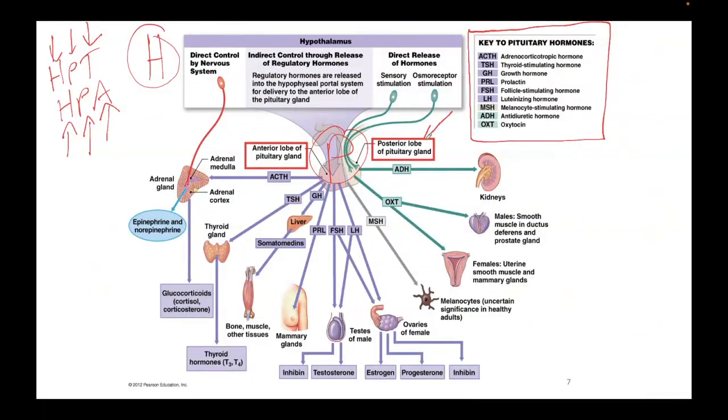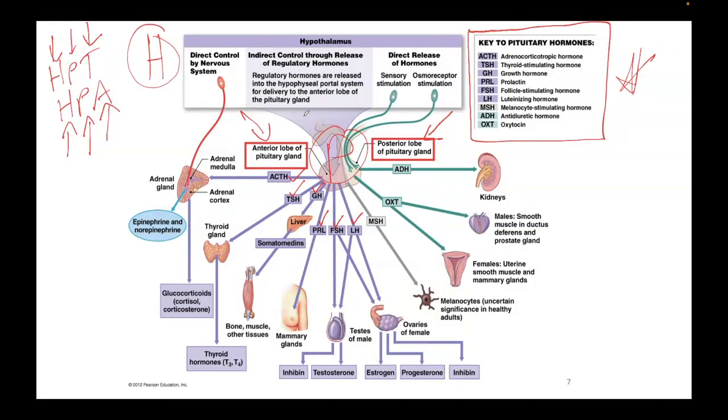And the pituitary has two lobes, right? It's got the posterior lobe and it's got the anterior lobe. So in this case, we could see the anterior lobe has adrenocorticotropic hormone, thyroid stimulating hormone, growth hormone. We have prolactin, follicular stimulating hormone, and luteinizing hormone. So those are the ones that we see up here on the right.